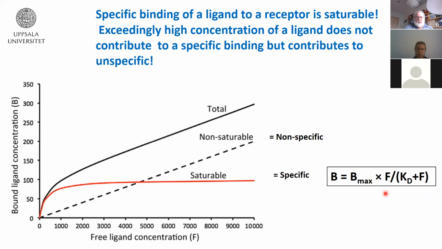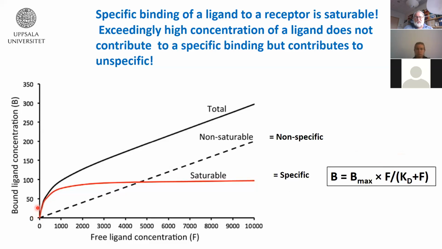If F is very low, the number of bound substance would be equal to B max over Kd, because we could neglect the concentration of free ligand. Sorry, it would be equal to 0 because F would be equal to 0.